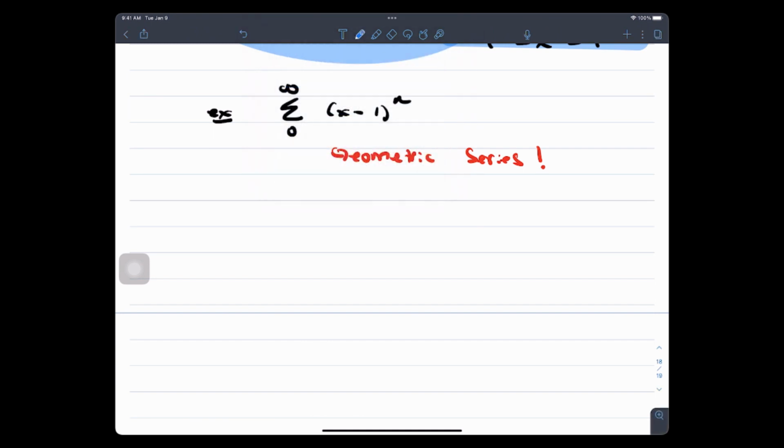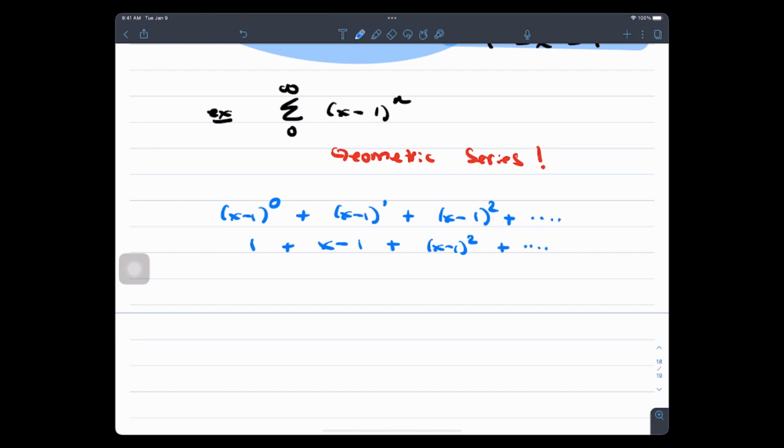Now, remember this. This was the terms x minus 1 to the 0 plus x minus 1 to the first, x minus 1 squared. This will be x minus 1 plus x minus 1 plus x minus 1 squared, and that goes on forever.